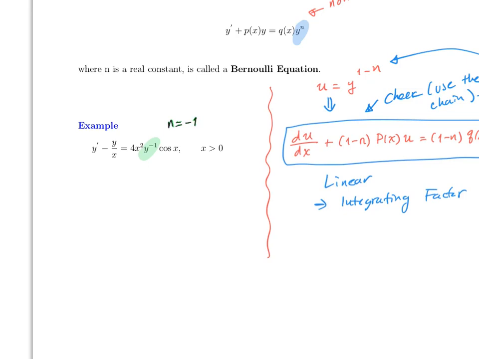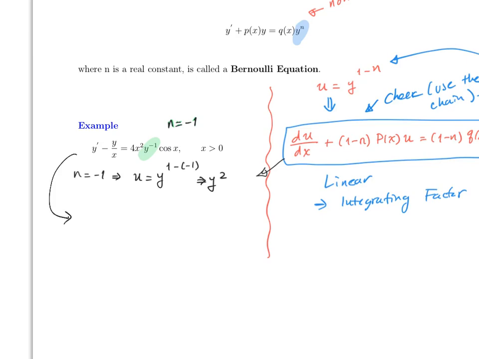So therefore, if we use the formula here, notice that since n is equal to −1, then the substitution is going to be u equal to y to the 1 minus (−1), which will be y squared. Okay. But you can go straight to this and solve this equation, and this is what I mean.